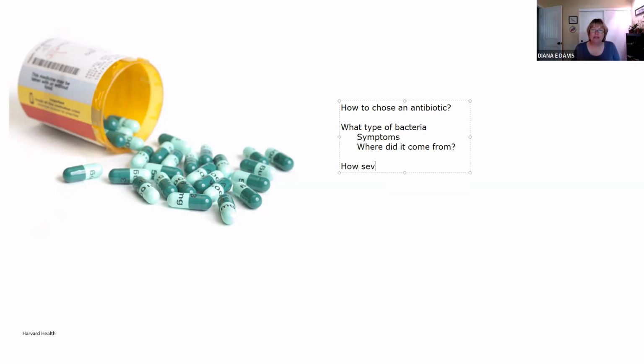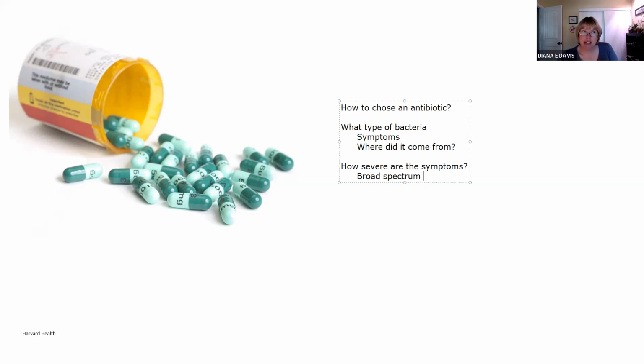And how severe are the symptoms? So severe sickness, people who are really, really sick, they generally start with broad spectrum antibiotics. They do this because if the symptoms are severe enough, you've got to do something to keep the person alive until you can figure out what bacteria it is.